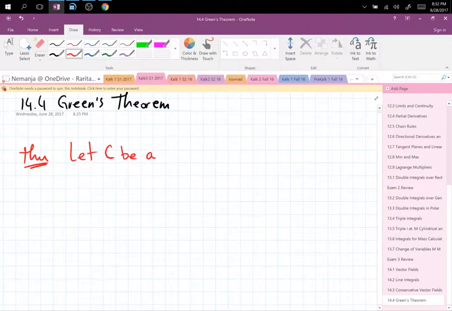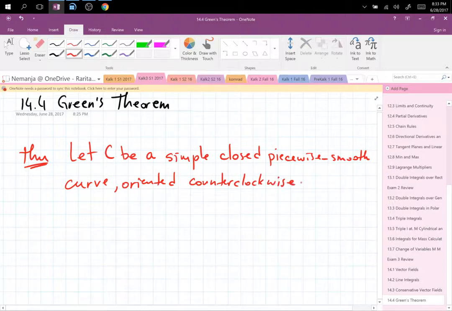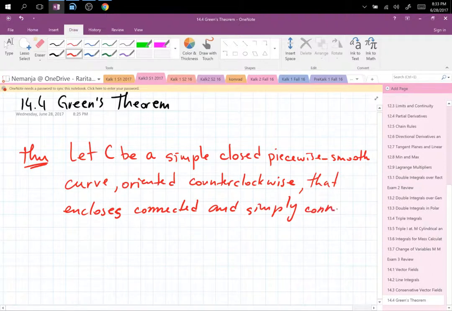Let C be a simple, closed, piecewise smooth curve oriented counterclockwise that encloses a connected and simply connected region R in the plane.